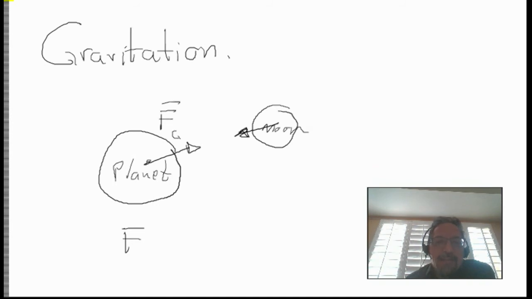This is the gravitational force of the moon on the planet, and this is the force of the planet on the moon.